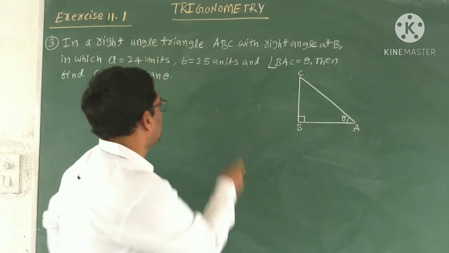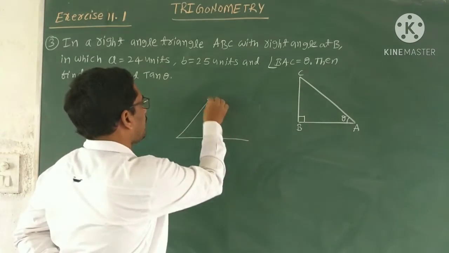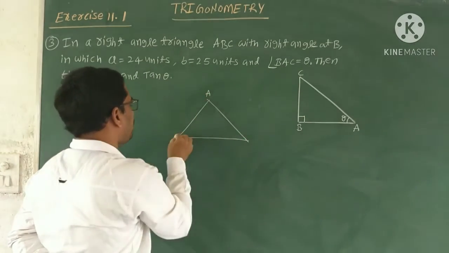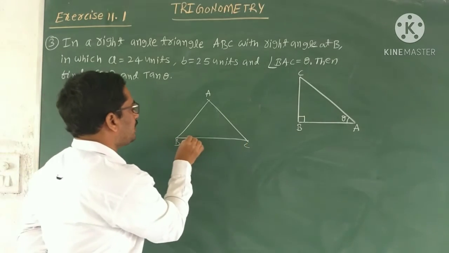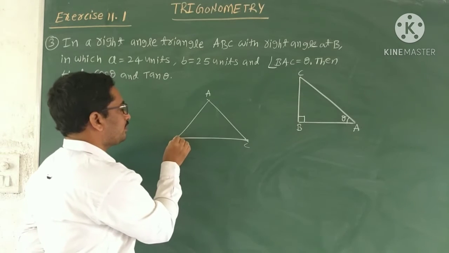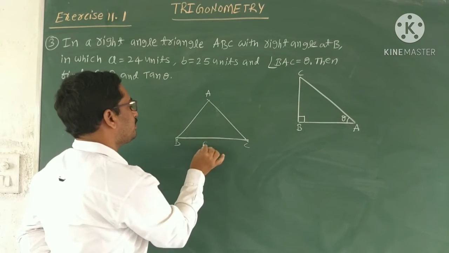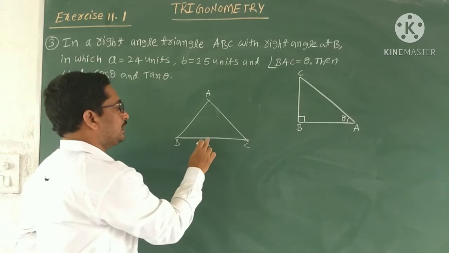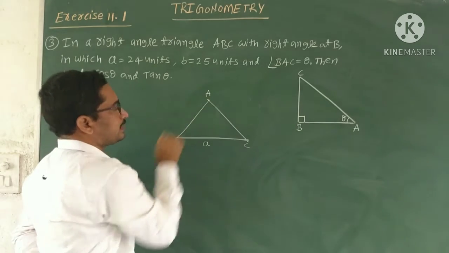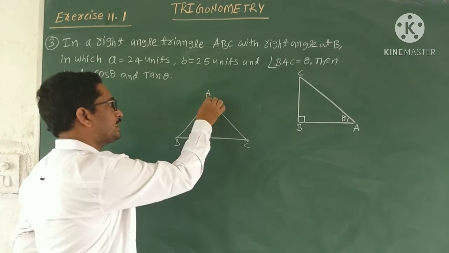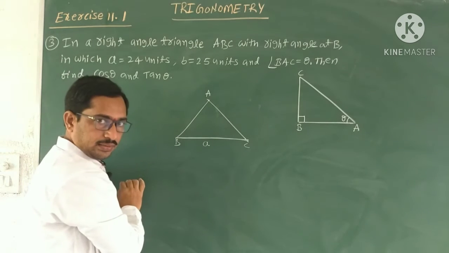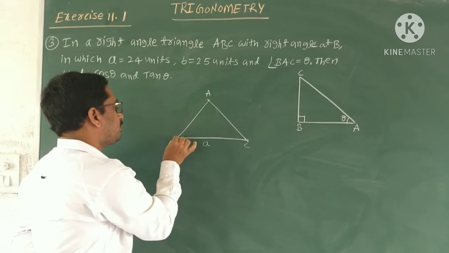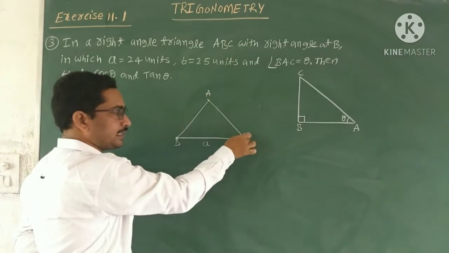So remember, in general, in any triangle, if I denote the triangle ABC like this, then the length of the side BC, always we denote with small a, because its opposite vertex is A. So here the vertex is A, its opposite side length we denote with small a. Next, here the vertex B, its opposite side is AC.